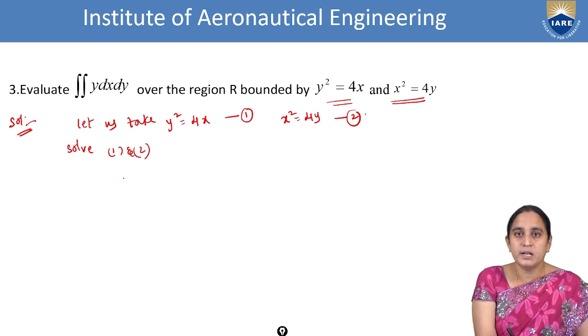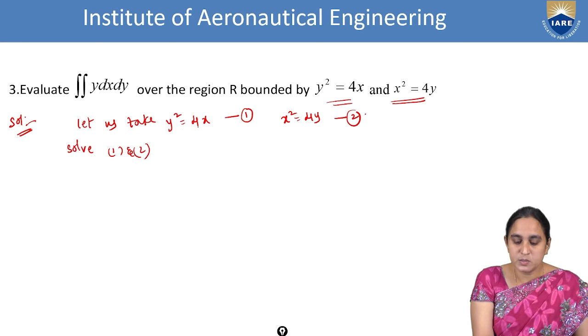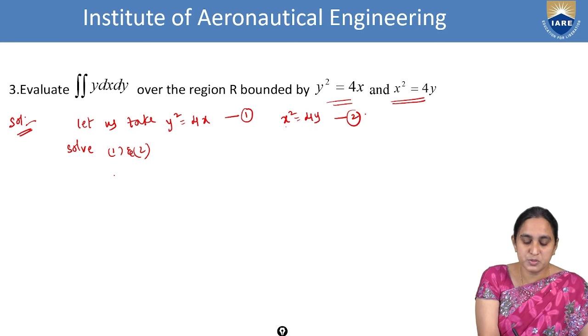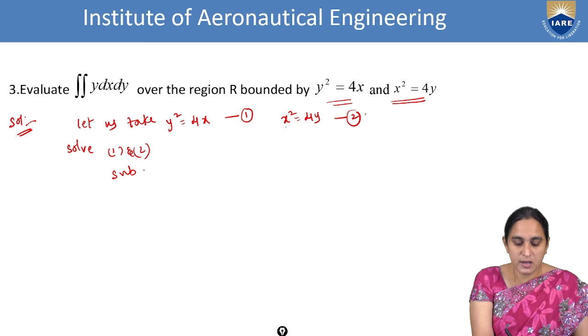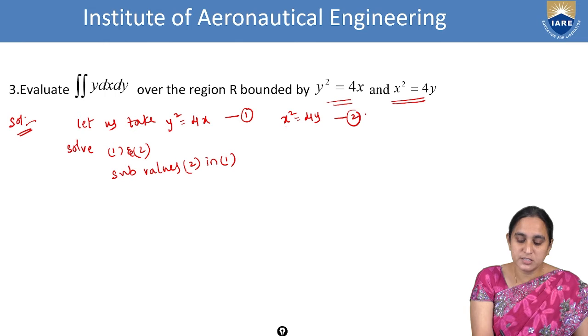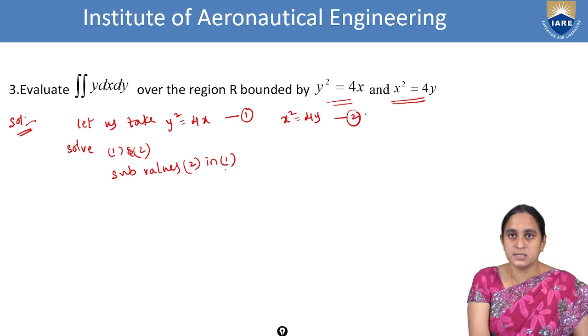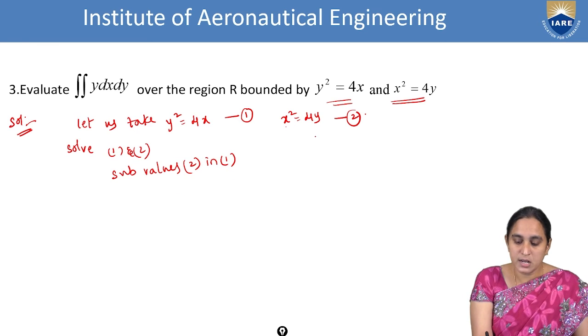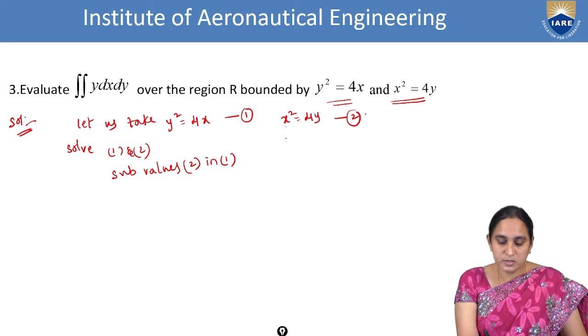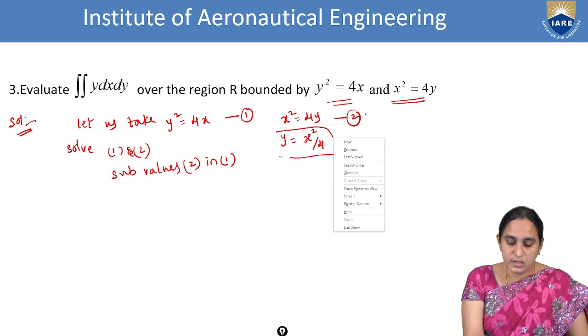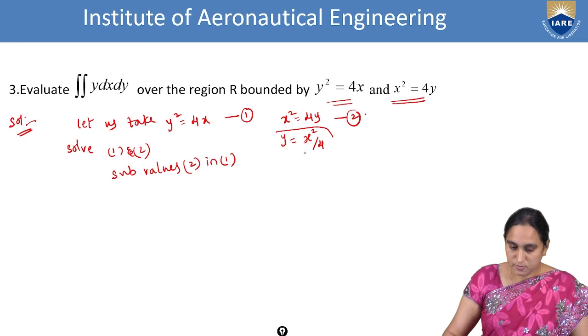Here y² = 4x and here x² = 4y. Substitute 2 in 1, and the equation will be converted in terms of x. From the second equation, y = x²/4.